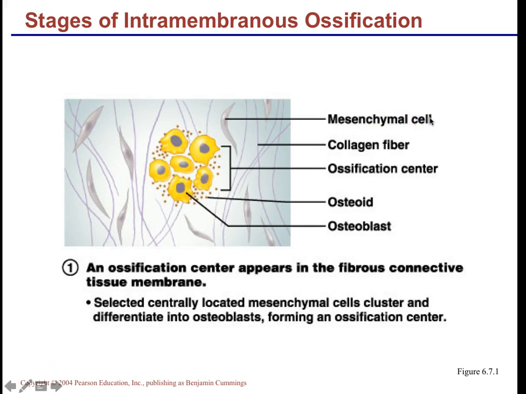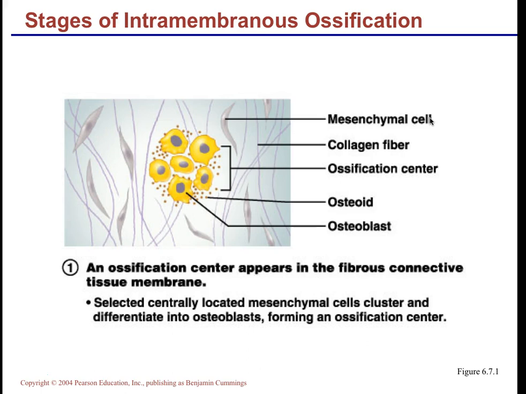Mesenchyme means middle, and these are embryonic cells that are trying to form the middle of the fetus. That's going to be a bone, that's going to be a muscle. Mesenchyme cells in this region are going to become bone, versus other mesenchymal cells in other parts of the fetus that will become muscle.